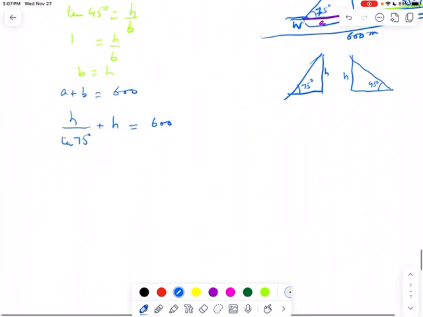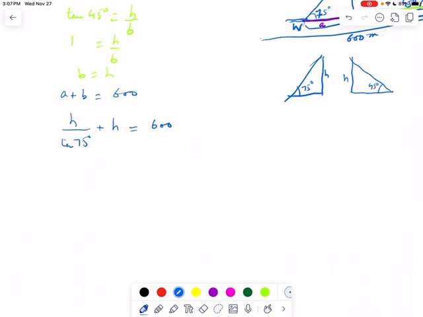We have to find h, remember. So we have to get h to one side: h times, and inside we are left with 1 over tangent of 75 degrees plus 1, equals 600. So we can now divide by this quantity and we get our h.